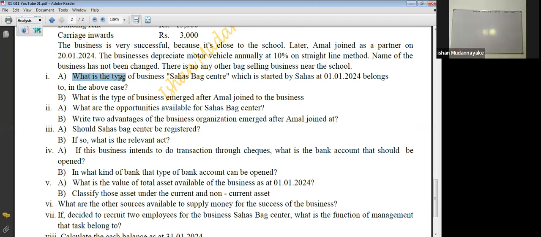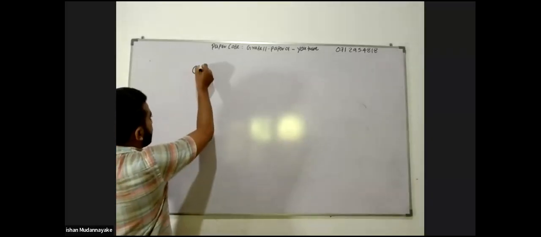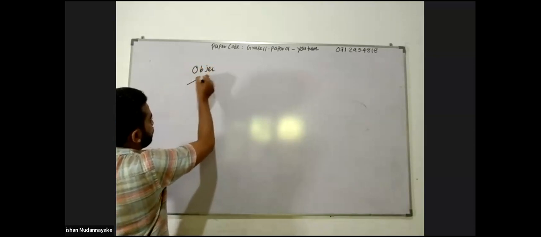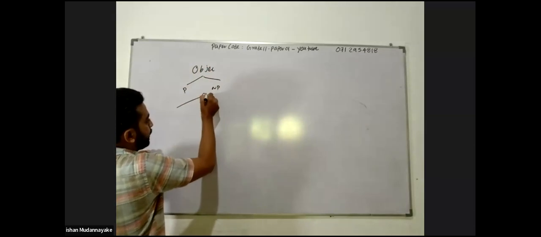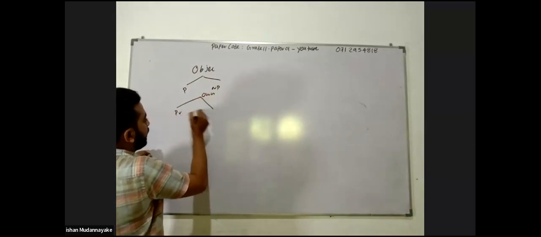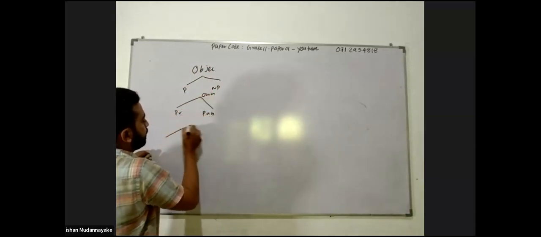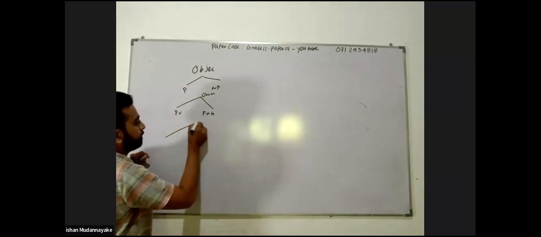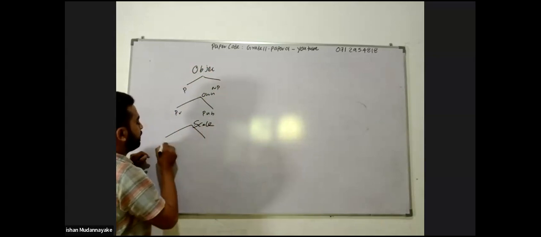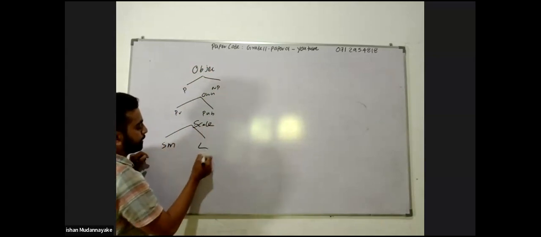Students, we have discussed some of the methods of classifying business organizations. Based on objective, we can classify them as profit oriented and non-profit oriented. Based on ownership, private sector and public sector. Based on scale, small and medium scale and large scale businesses.